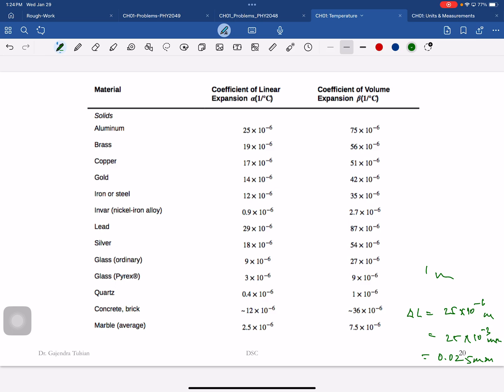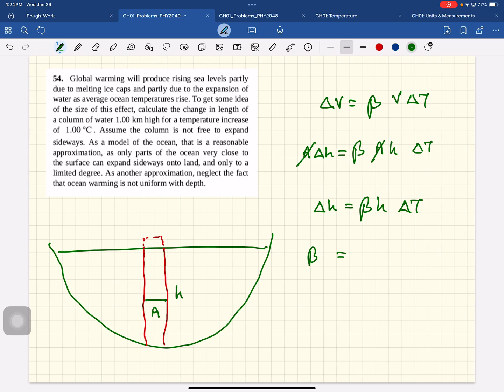Beta for water is 207 times 10 to the minus 6 per degree Celsius. So the height would be 207 times 10 to the minus 6, times 1 kilometer, and the temperature rise is 1 degree Celsius.